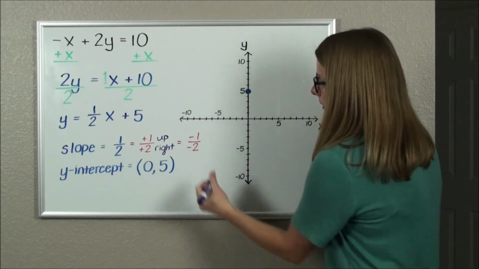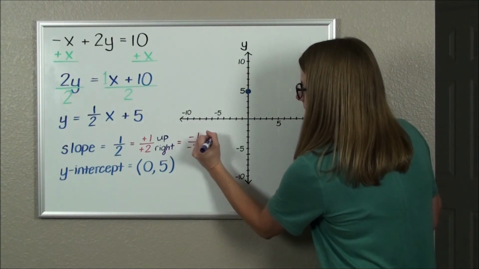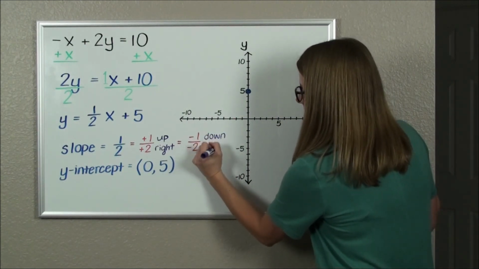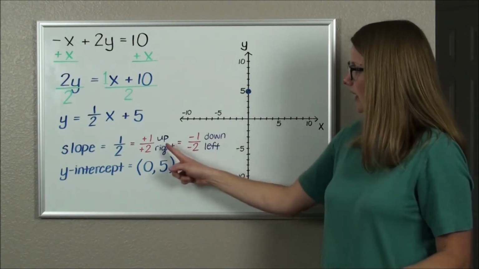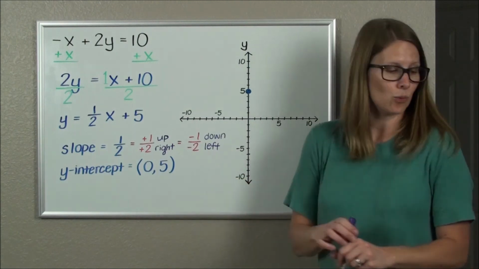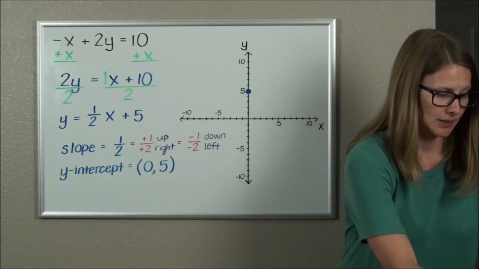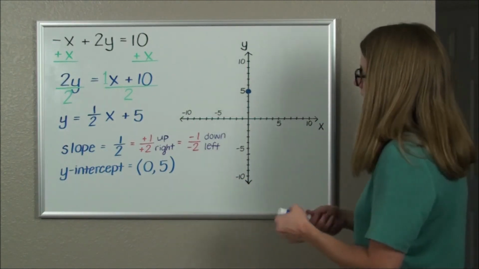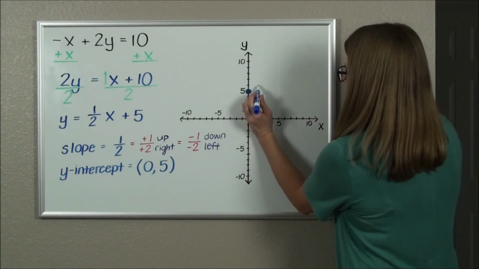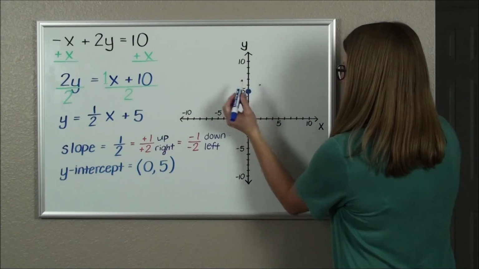Again, rise over run, this could be a negative down, and then a negative left. So from our initial point, we can either continue counting up 1 and right 2, or we can count down 1 and left 2. Let's see what happens when we do. So from that initial point, let's go up 1, right 2. Up 1, right 2 will put us about here.